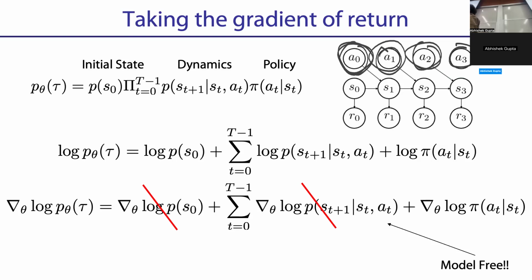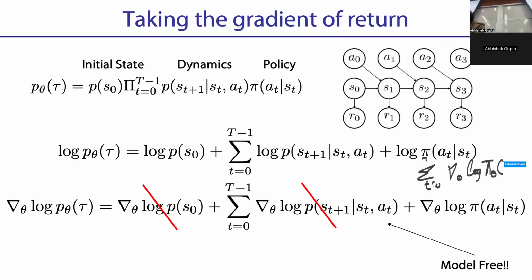Your actions determine how the world changes, but you can't change the physics of the world. So these terms cancel out, and all you get is a sum over time of grad log pi theta of AT given ST. That's it.